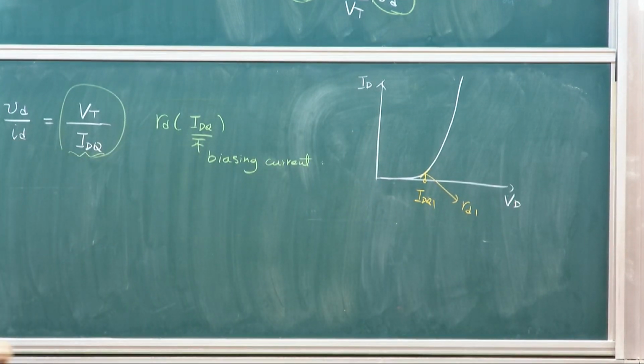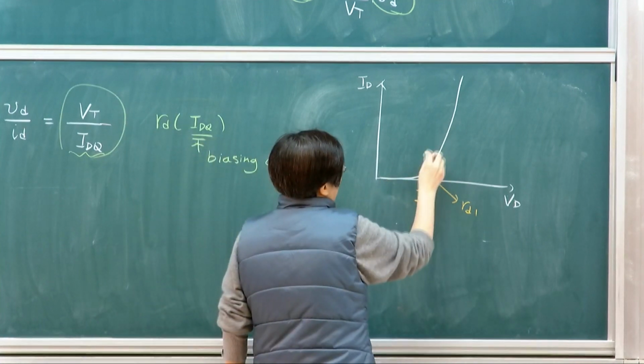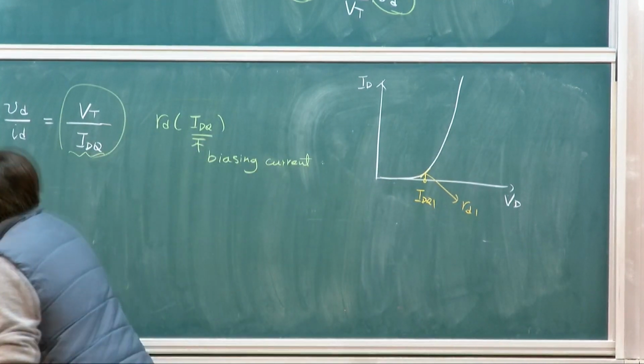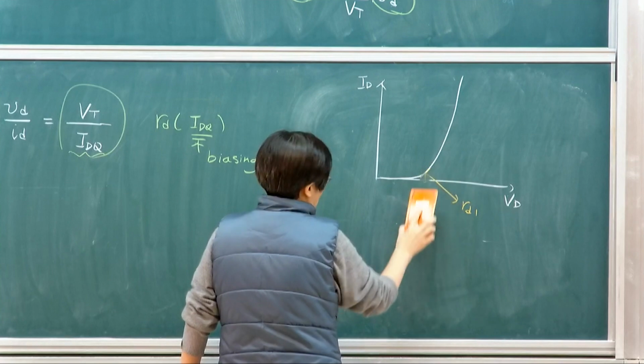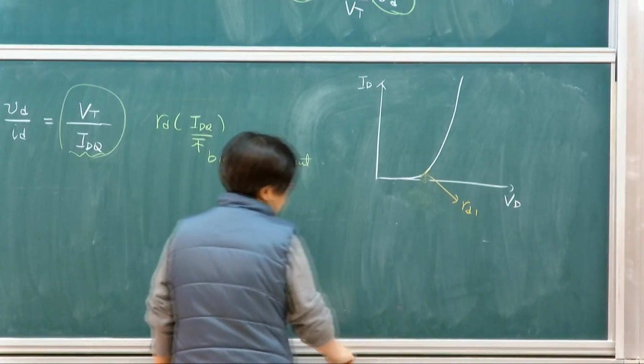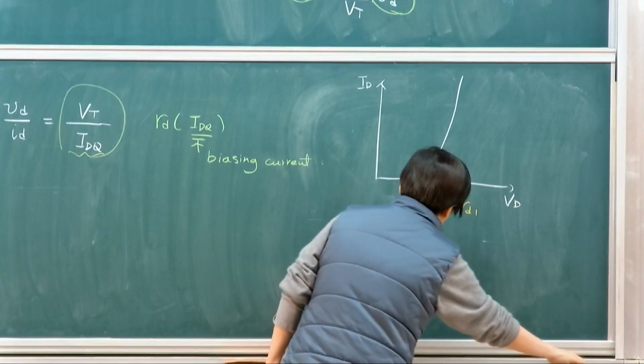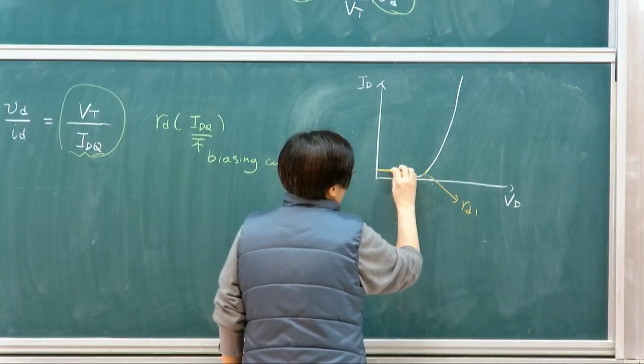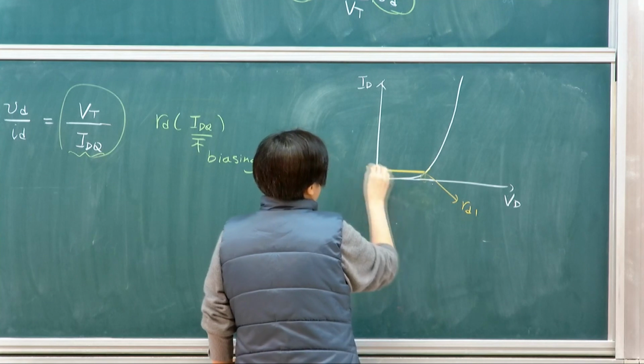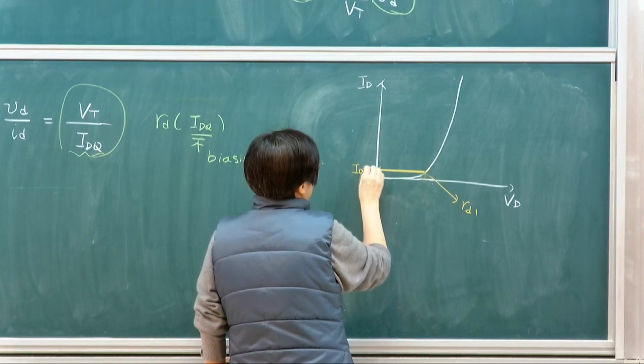Right? If I'm standing more to the right, biasing at a point, I'm using current biasing. This is very commonly used. Instead of having voltage biasing, you can set it by current. So if I'm standing right here, this is IDQ1.